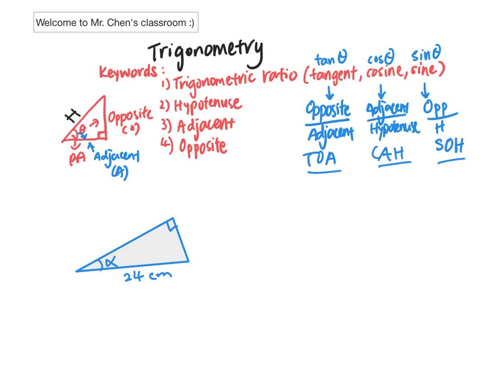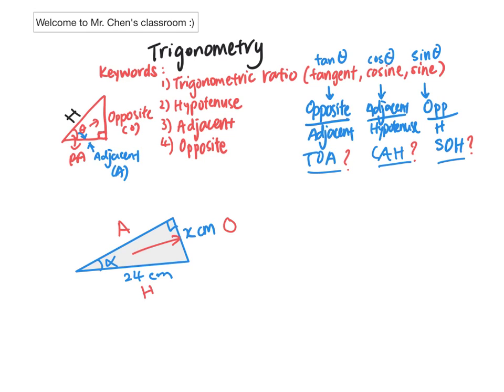So we have 24 centimeters and x centimeters. In this case, first you have to find out which ratio can actually be used. I will quickly write them out myself if I'm doing this question. I know that is your hypotenuse, that is your opposite, and that is your adjacent.